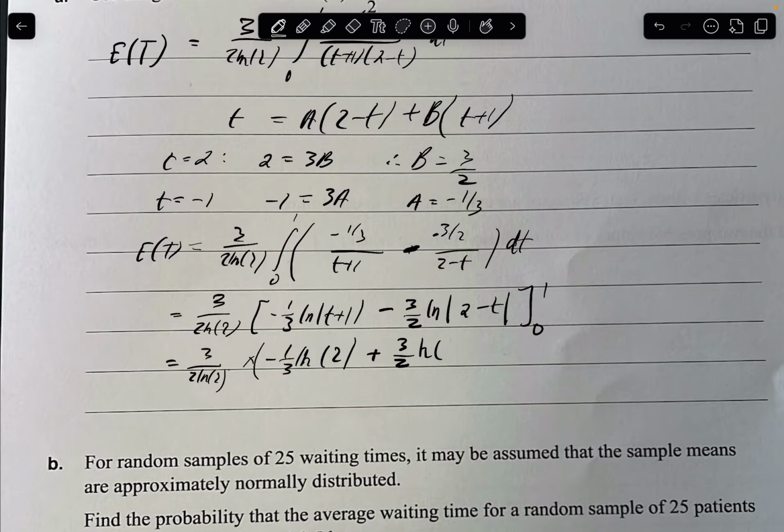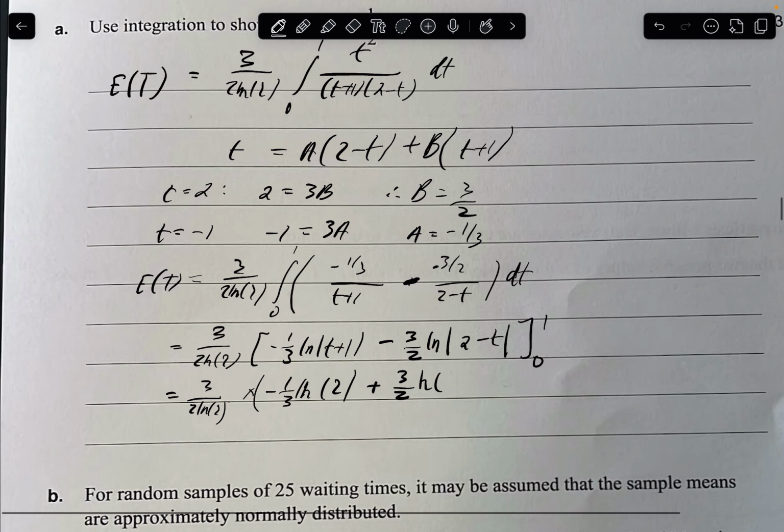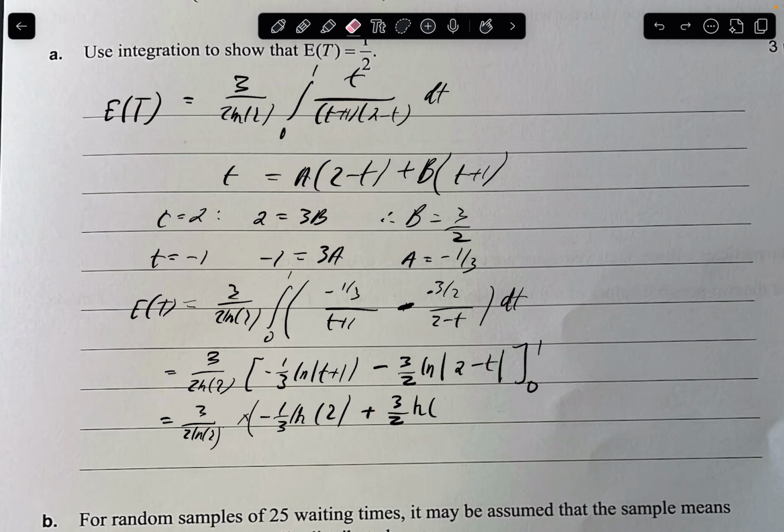Oh, I made a mistake. I was wondering, these don't add up. So this one here is supposed to be 2/3. Meaning this is 2/3. Meaning this is 2/3. And this is 2/3.